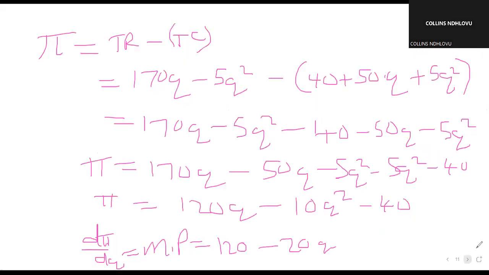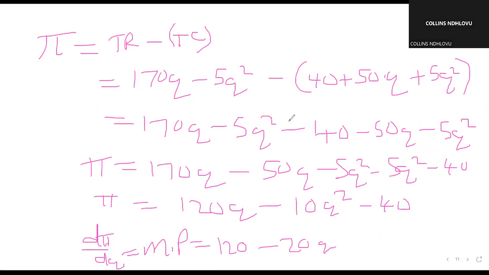So in this case, we have total revenue 170Q minus 5Q squared, minus, in brackets, 40 plus 50Q minus 5Q squared. So this minus will make everything negative. If there was a negative there, it becomes positive according to the rules of maths. So this is what we call expansion.